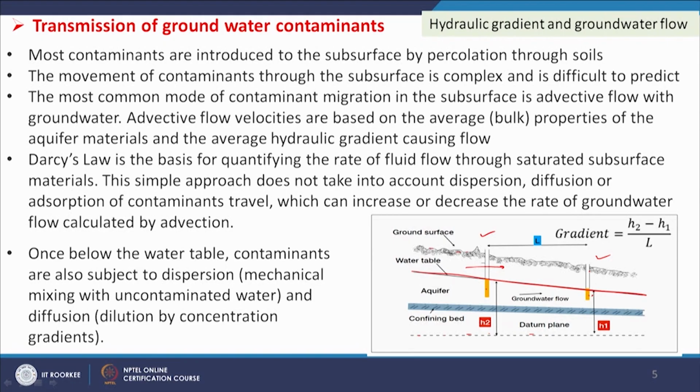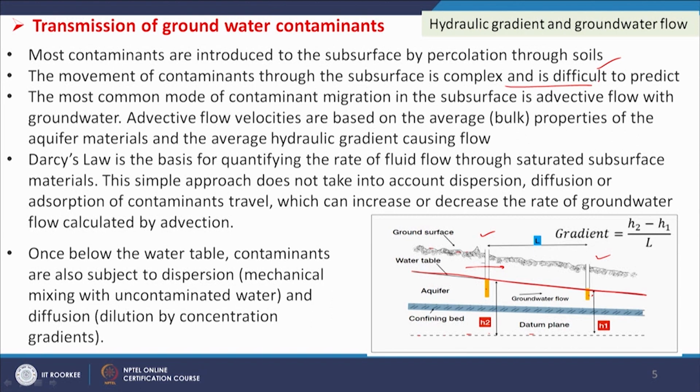Most contaminants are introduced to the subsurface by percolation through soils, and the movement of contaminants through the subsurface is complex and difficult to predict.